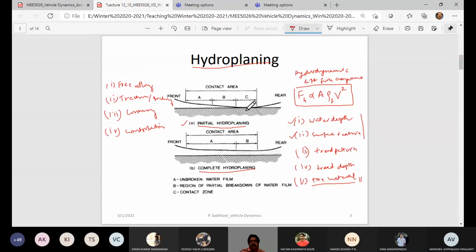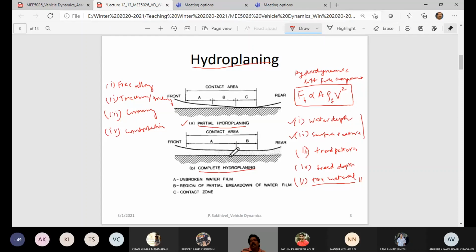Hydroplaning is separation of the tire surface from the ground because of a film of fluid that is occupying it, and this separation is because of a hydrodynamic lift force component, which is proportional to the area of contact surface, the density of the fluid, and the velocity squared of the vehicle. So when this lift force is equal to the weight of the tire wheel assembly, the load that comes on it, that is complete hydroplaning.